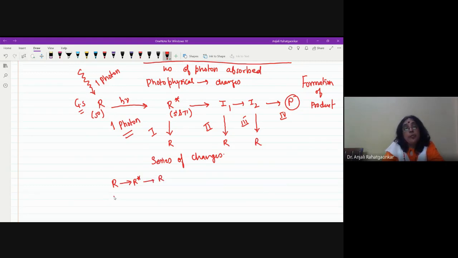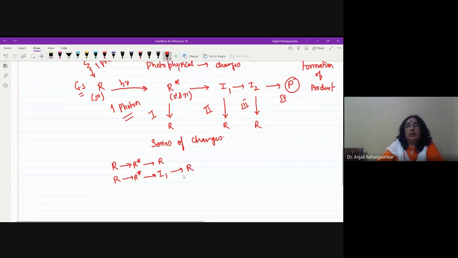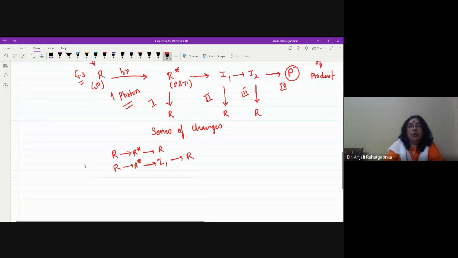Then R to R dash, then I1, and again it will be back to R. Then the third possibility: R to R dash, then I1, then I2, then it will be back. And the last possibility will be R dash to I1 to I2 and to the P.